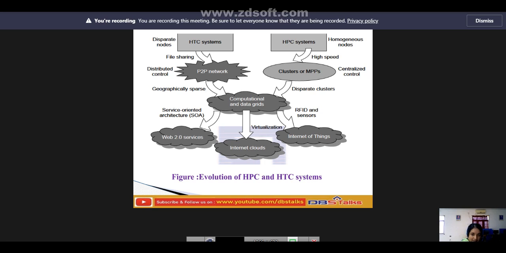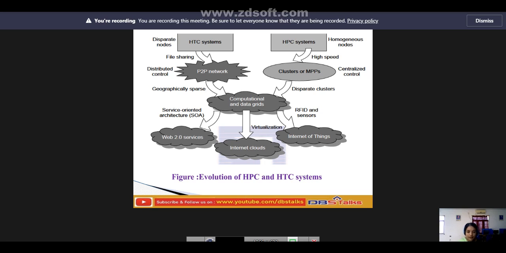In the HPC system, we are using MPPs, or instead of that, clusters. In the HTC system we are using the P2P network. It is distributed in nature, whereas the other has centralized control, and from both of these technologies we develop the computational and data grids.